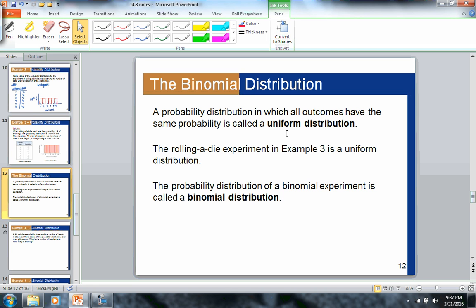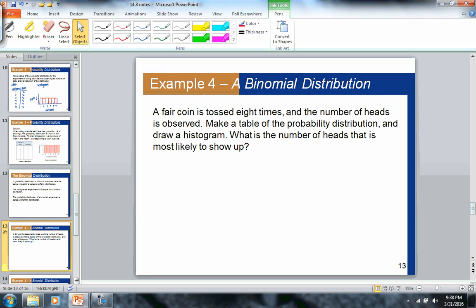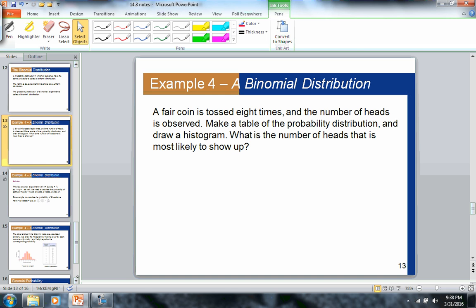Now you can have that, or you can have a binomial distribution as well. This is where the height of the bars is going to change. Now the binomial distribution, that's just like the binomial probability that we were talking about in the previous example.